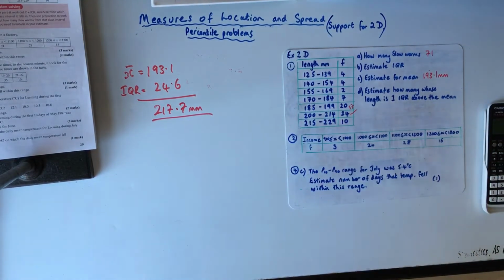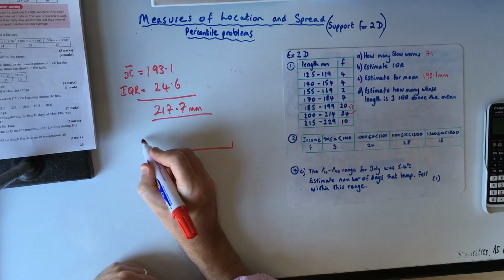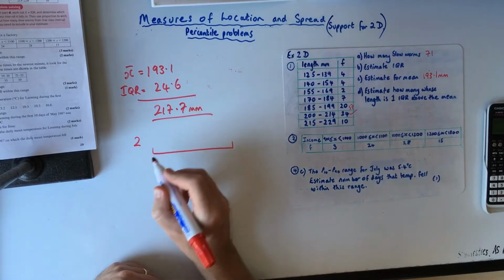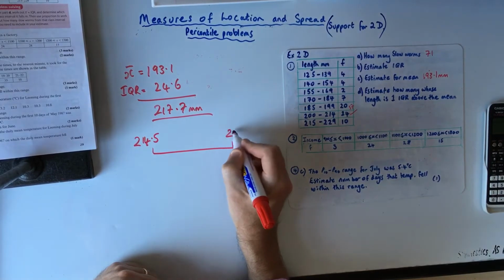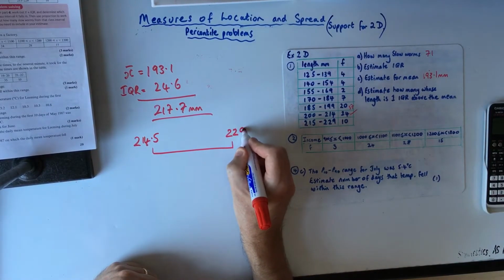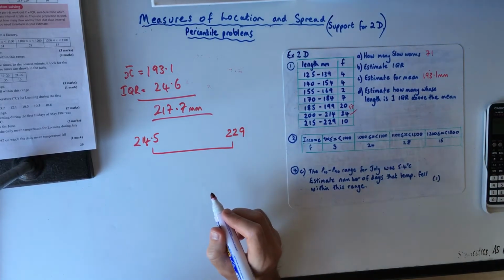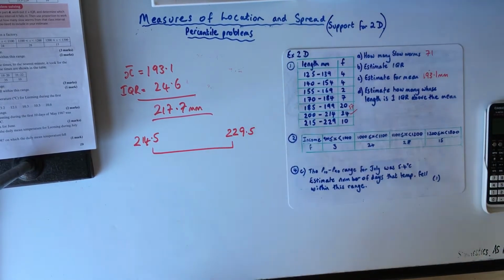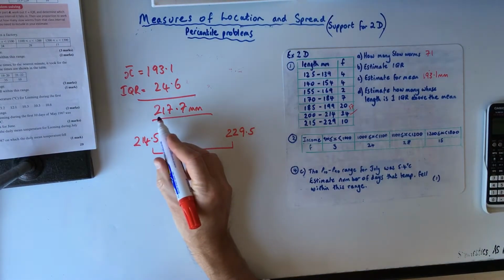So how many slow worms are bigger than 217.7 millimeters? Well, that's in this last group. If you look at this last group now, this last group goes from snakes that are 214.5 to 229.5.